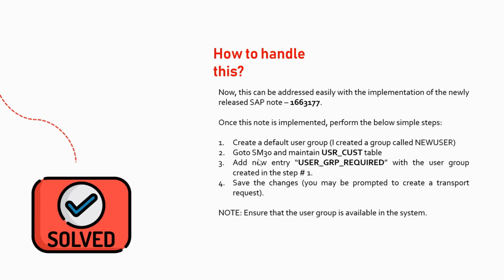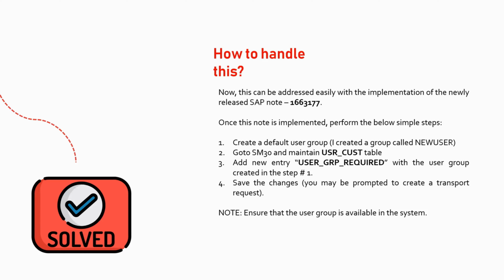So you need to go to the USR_CUST table from the SM30 transaction code, and maintain a new entry called USER_GRP_REQUIRED with any specific user group. But just ensure that you have some user group created in the system, as I mentioned in step 1. Then save the changes. You might be prompted to create a transport request.